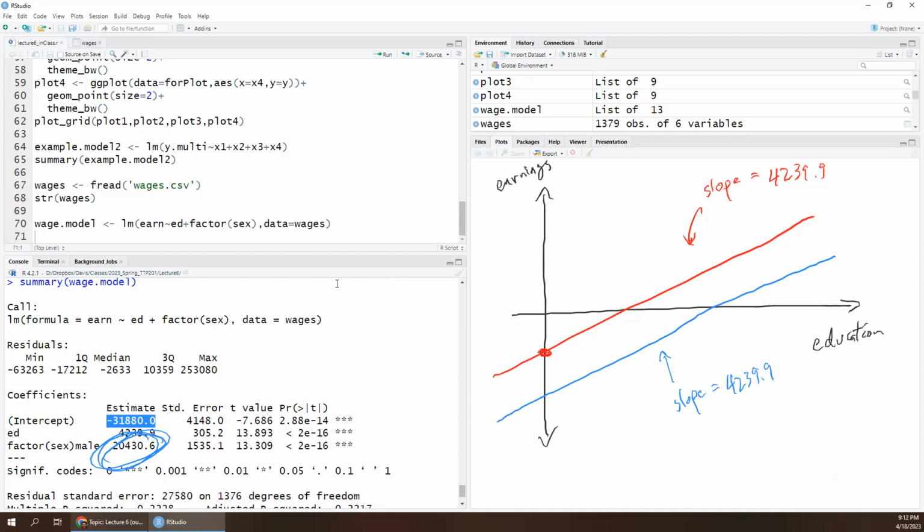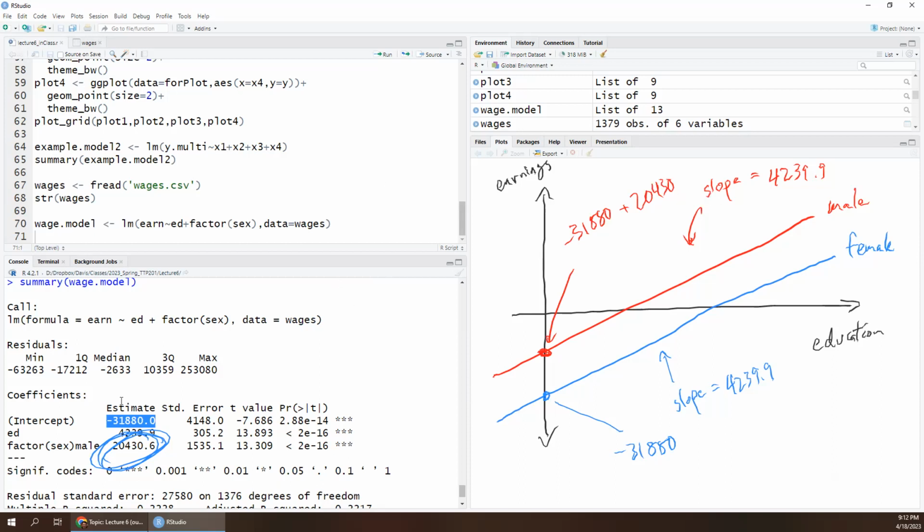If this was my female line, that's our baseline at our default intercept of negative 31,880. And over here, this line is for the males. So this would be negative 31,880 plus 20,430.